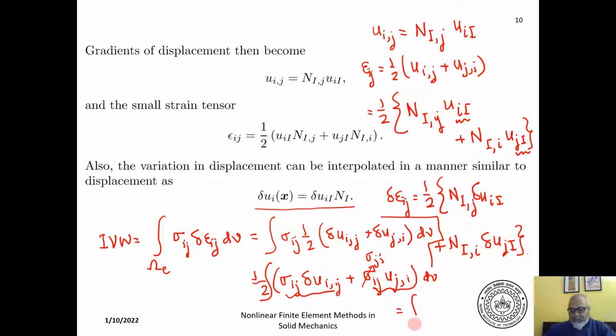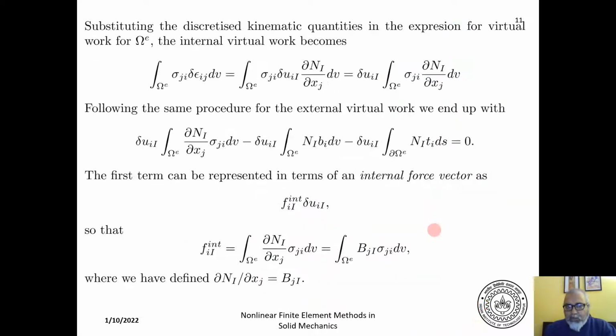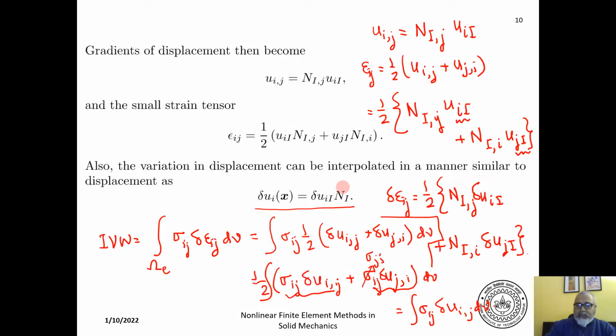So I can write this as sigma ij del u i comma j dv. So instead of the virtual strains, we can use the virtual displacement gradients of the virtual displacements. Now that's what we have done here, and once you do that, let me erase this.